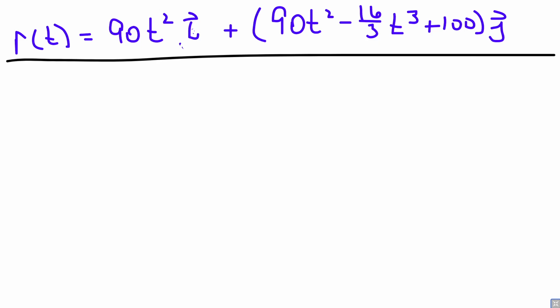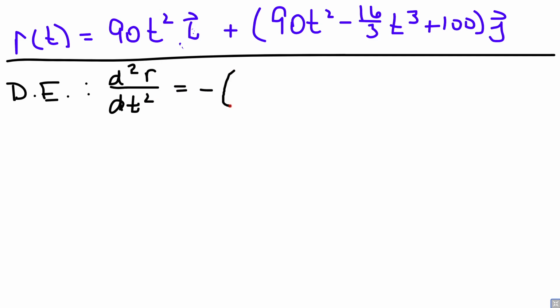All right. So next, what we're going to do is to deal with the second problem. It's telling us that the differential equation is defined as d squared r dt squared, and that's equal to negative of 1 in the i direction plus 1 in the j direction plus 1 in the k direction.